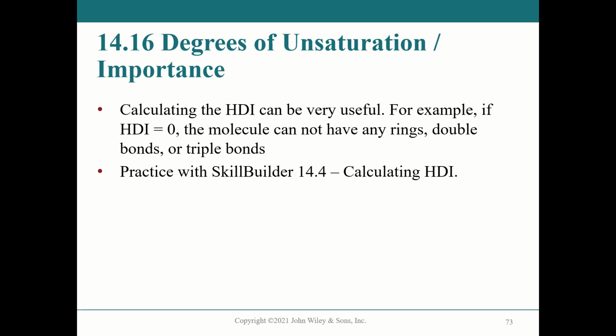And if you have more than 2, well, then it could be any combination. An HDI or a DoU of 3 could imply a triple bond and either a ring and a double bond, 3 double bonds, 3 rings, or any combination of double bonds and rings that adds up to 3.